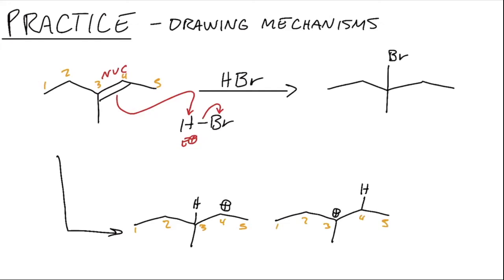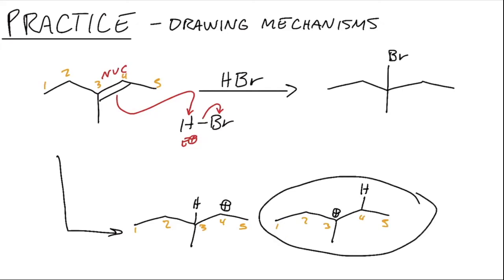So quickly answer the video question, which of these carbocations is more stable? The one where the charge is on carbon number 4 or where it's on carbon number 3? Hopefully seeing these patterns is feeling a little bit more familiar by now, that we need to have more carbon groups around our carbocations to be more stable.